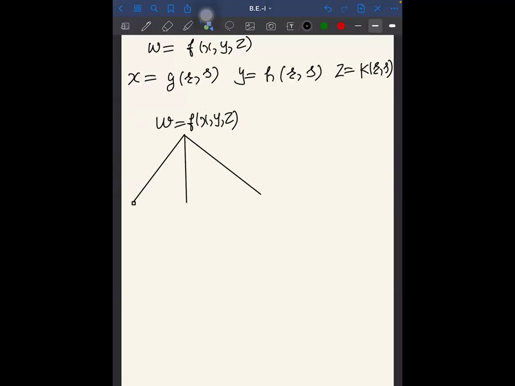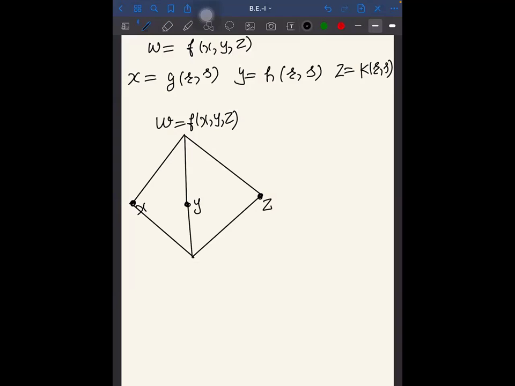But here, after getting these intermediate variables X, Y, and Z, they are not dependent upon only R or only S. If we want to differentiate partially, we'll make it so.